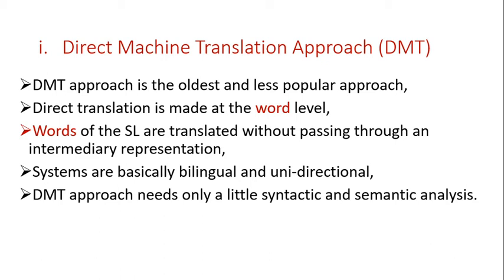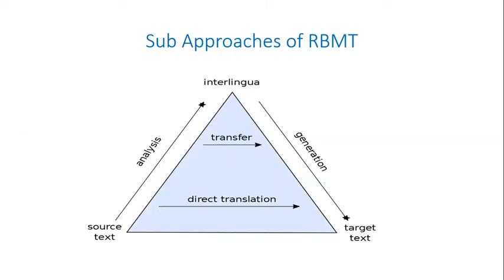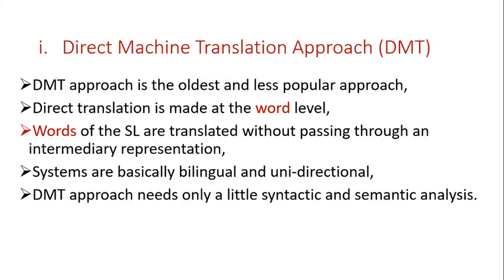This intermediary representation needs some explanation, and actually this is related to Interlingua, as you have seen here at the top, and I will explain this Interlingua after some time. So intermediate representation is not needed as far as the DMT is concerned.